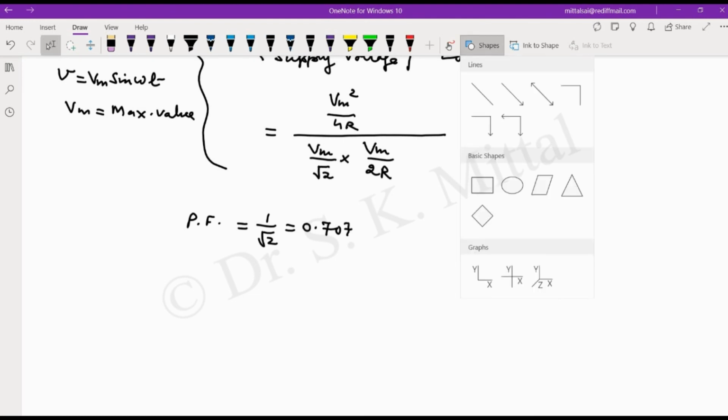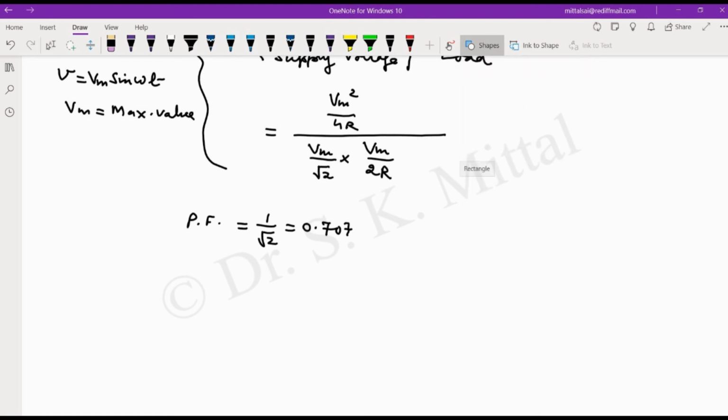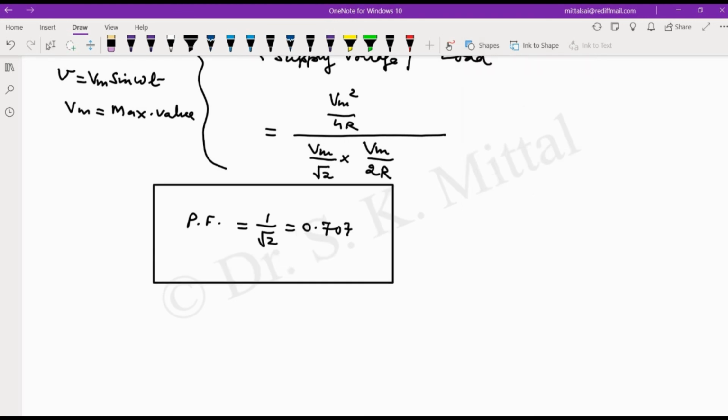So in this way we have calculated various mathematical parameters for the half wave rectifier with resistive load. Thank you very much.